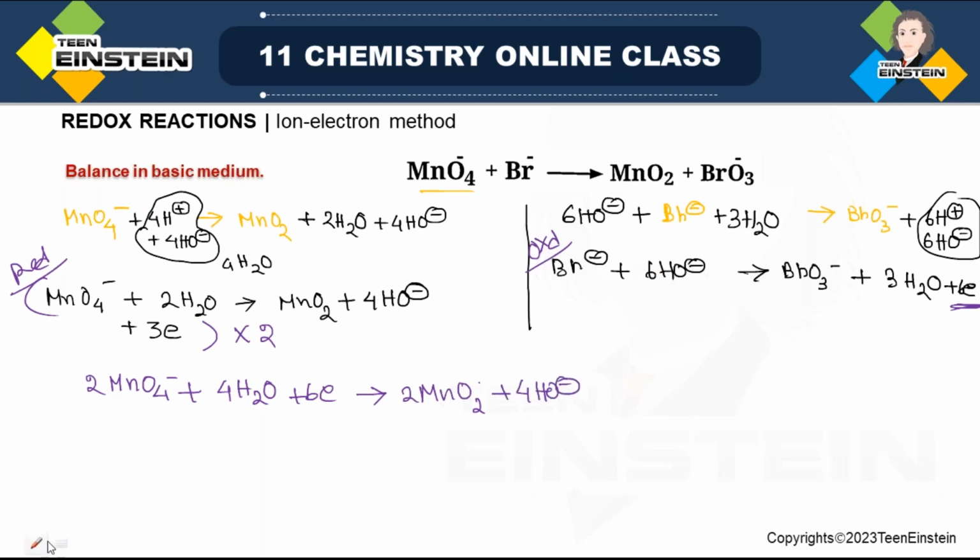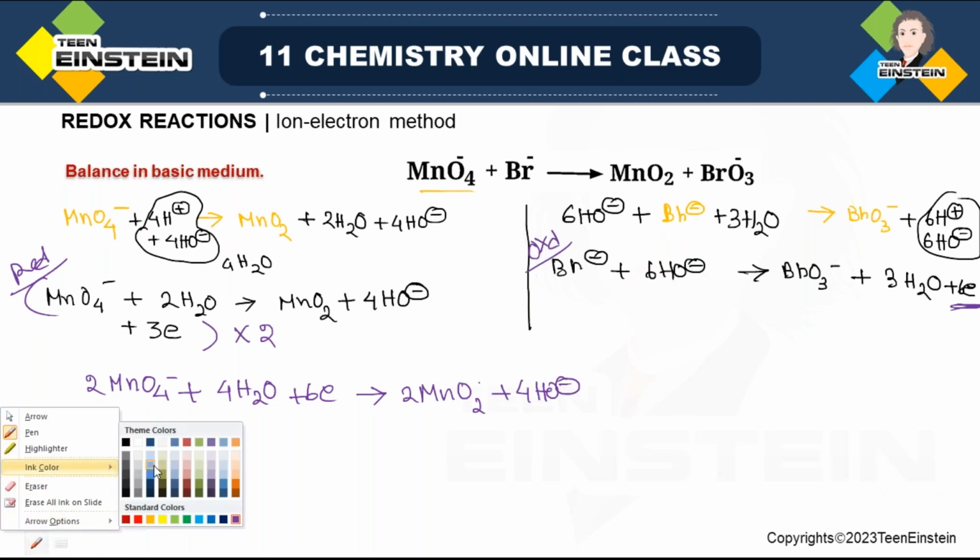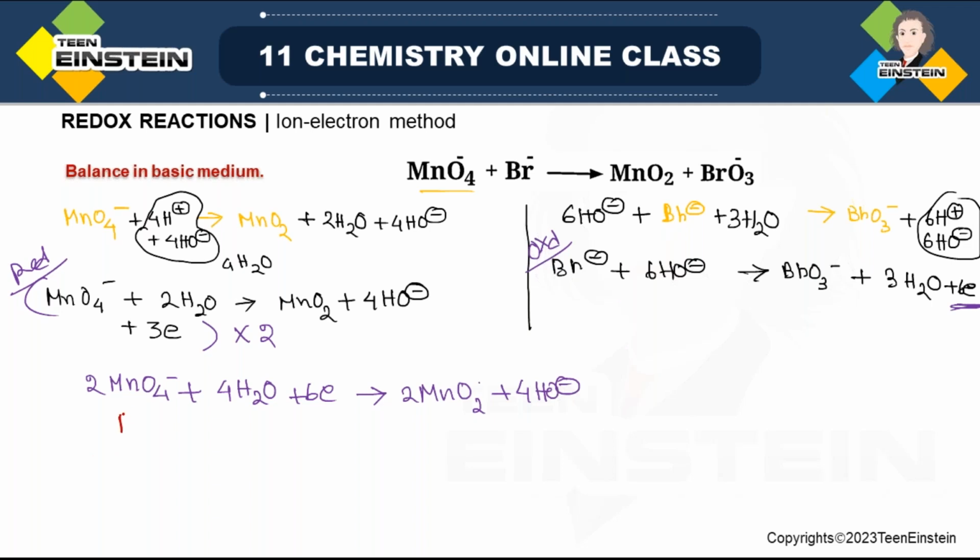And the other equation, that is the bromine equation, Br minus, there is no change because we have not multiplied anything.